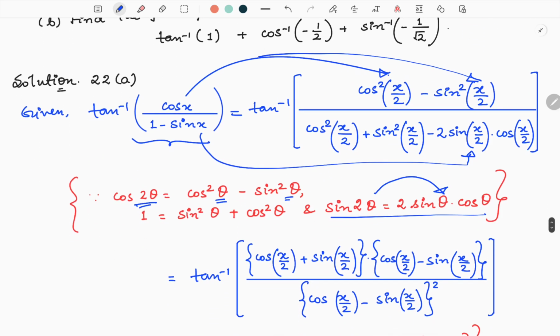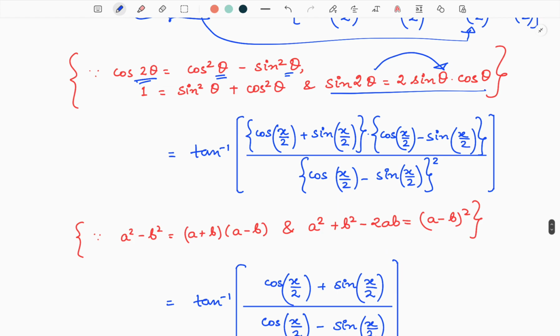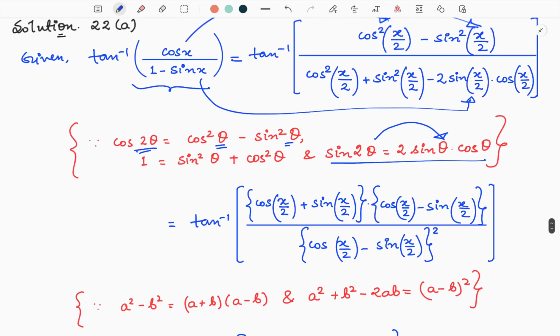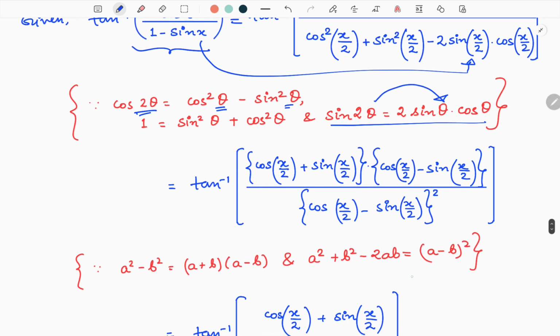Now there is a simple algebraic calculation further. As we know, a square minus b square is equal to a plus b into a minus b, and a square plus b square minus 2ab is equal to a minus b whole square.